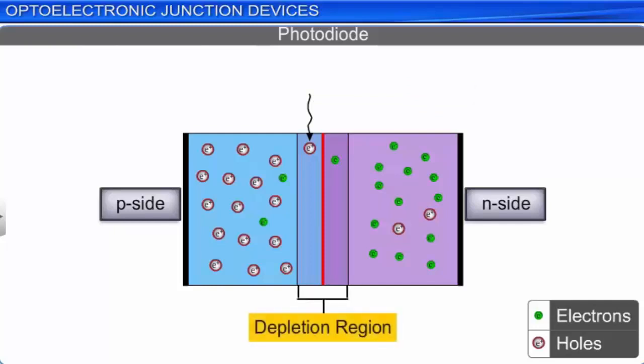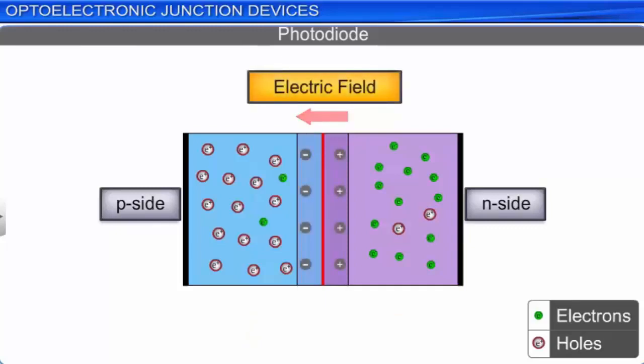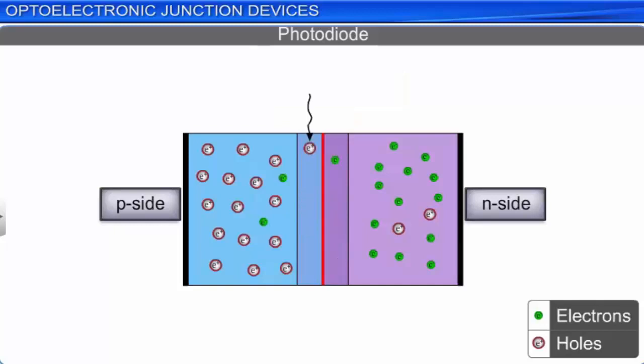We know that the depletion region has an electric field created due to the separation of static charges on both sides of the PN junction. As soon as an electron-hole pair is created, the electric field across the depletion region pushes the hole towards the P side and the electron towards the N side.